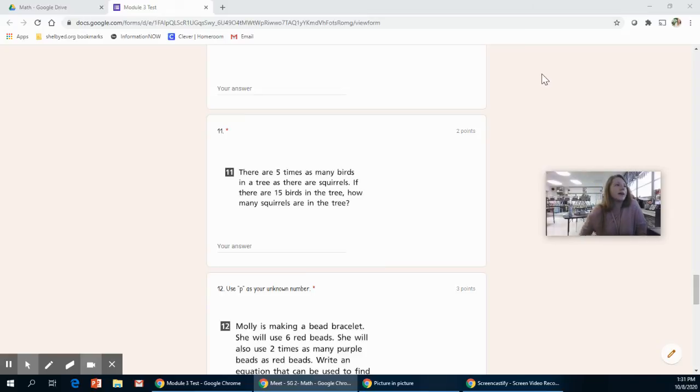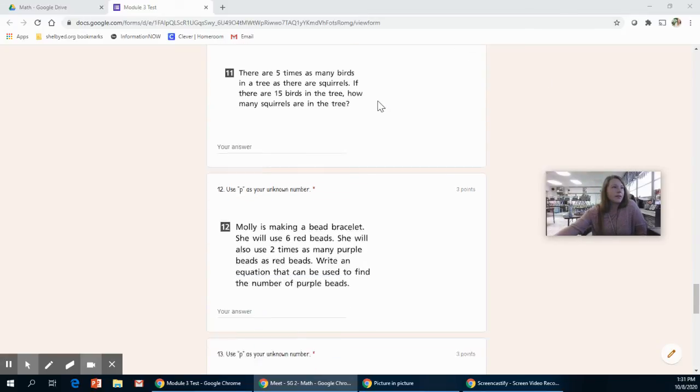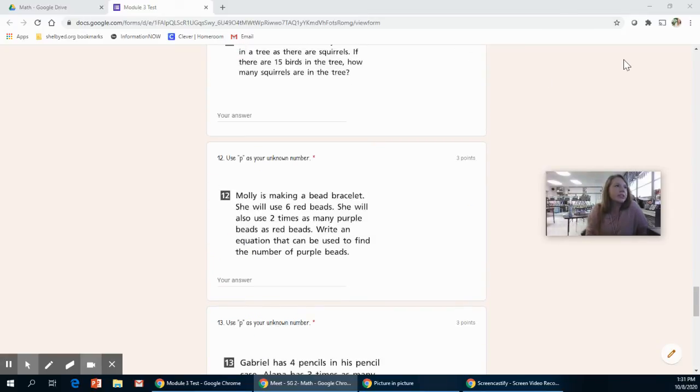All right, number 12. The directions say use P as your unknown number, so we're probably going to be writing an equation. Ready? Molly is making a bead bracelet. She will use 6 red beads. She will also use 2 times as many purple beads as red beads.